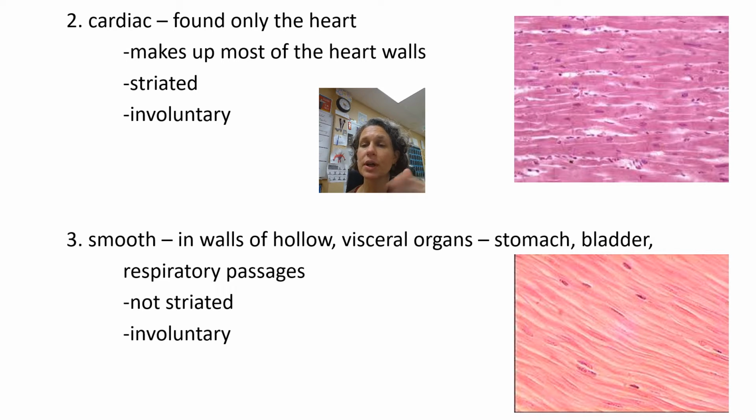Again, you have to look really close to see those stripes. And these are involuntary, which means that these are not muscle cells that you think about and control, because your heart needs to beat 24/7, otherwise you're not alive anymore. And so this is an involuntary muscle tissue, and it makes up the walls of the heart.